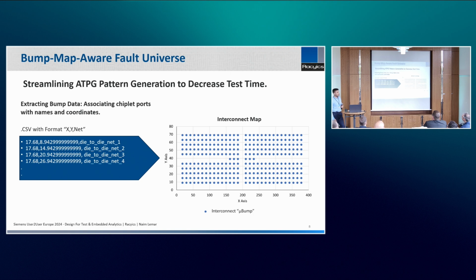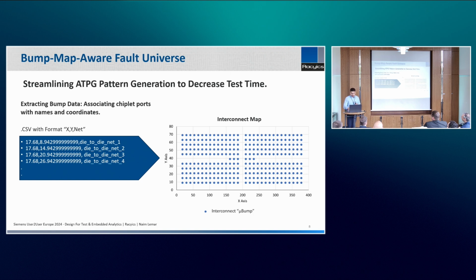XY is the XY coordinates of the interconnect, and the names of the nets are, for example, die-to-die net 1. So we extract the data from the place and route tool, and then we need to model the faults in such a way as to have realistic shorts, specifically the victim with each associated aggressor.